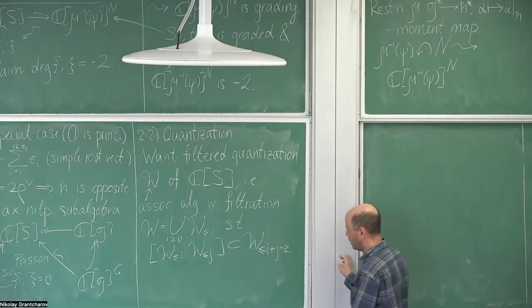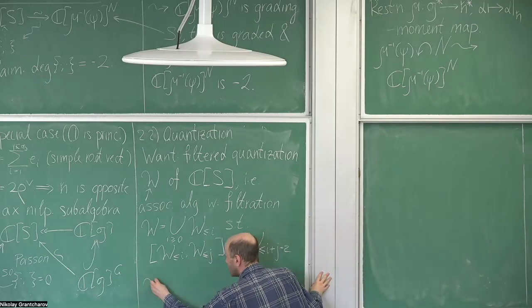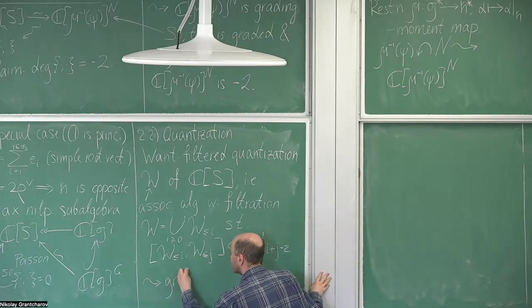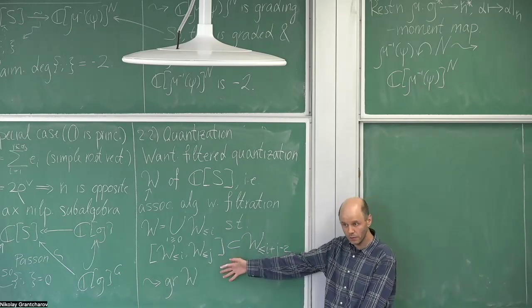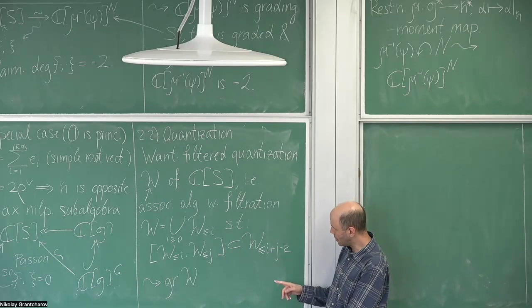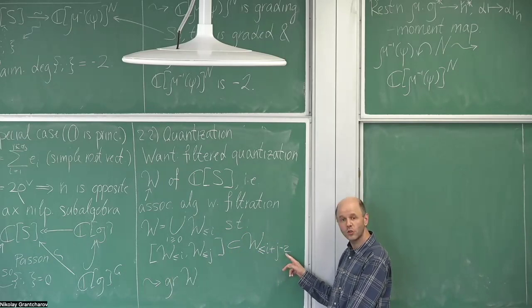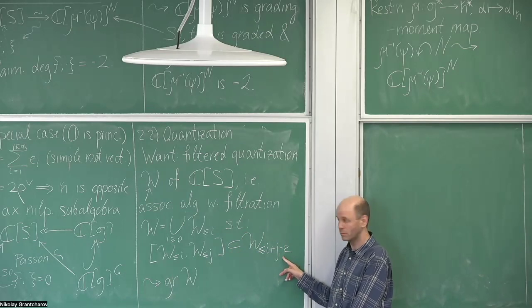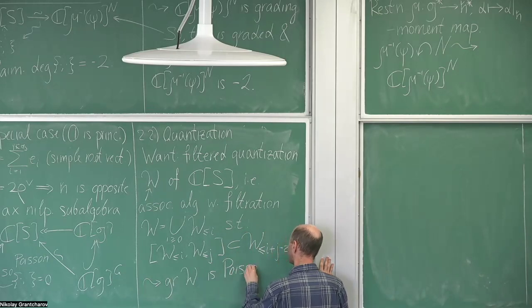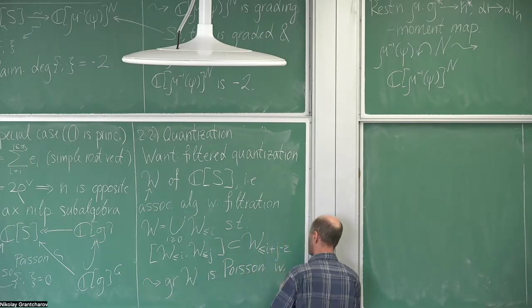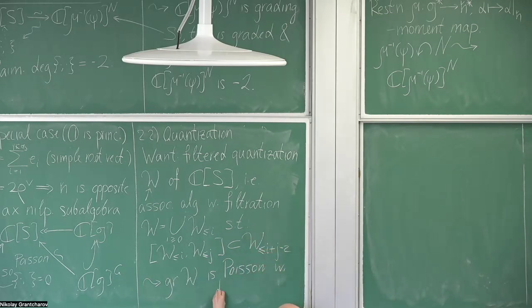And what this gives me is that if I take the associated graded with respect to my filtration, it's a commutative algebra, but also it has a Poisson bracket of degree -2, and this is the top degree in the commutator.